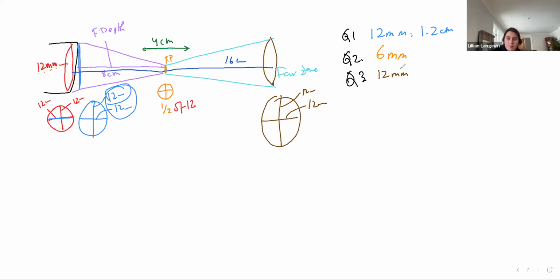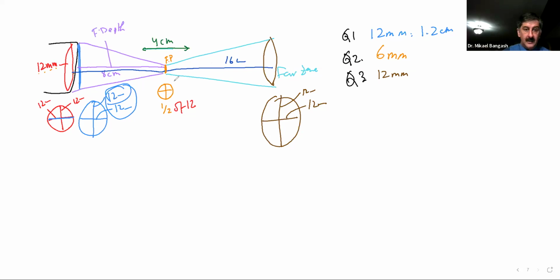Here they talk about a depth of 16 centimeters, which was just twice your focal depth. So for the first 8 centimeters, what happens? The beam converges from a diameter of 12 millimeters to half, which is 6 millimeters.